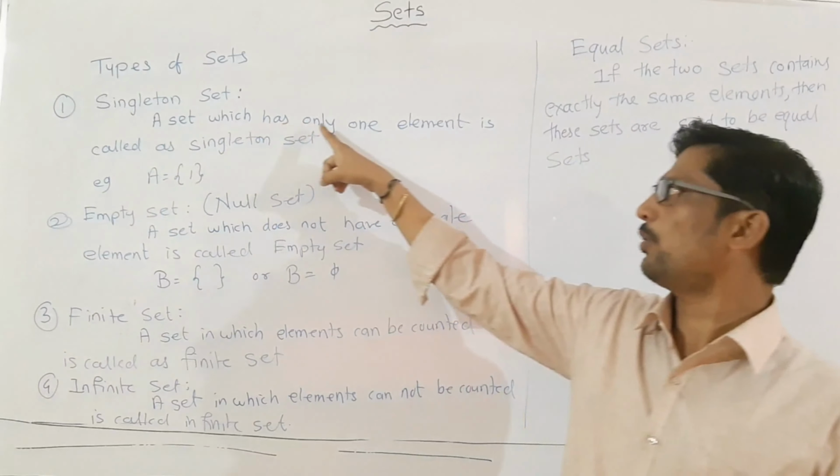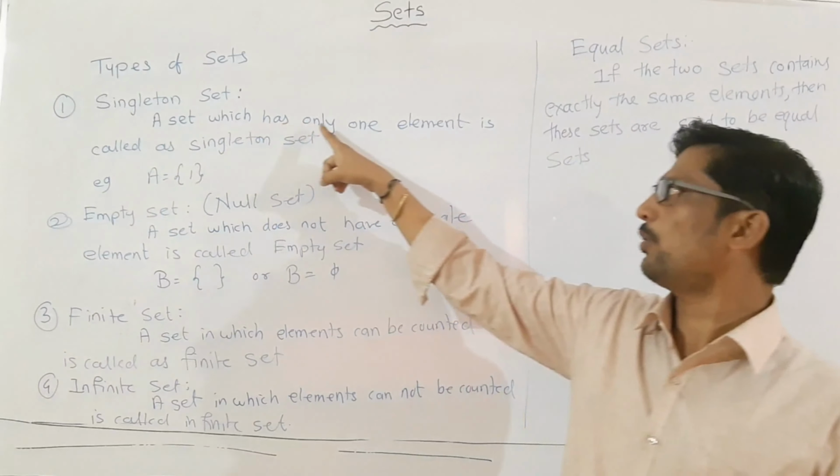If they give me P in curly brackets with 0 inside, is this an empty set? No, it is not an empty set, because a single element is there, and that element is 0. But if I remove this, I can say it is an empty set.